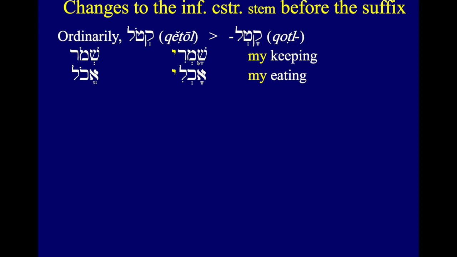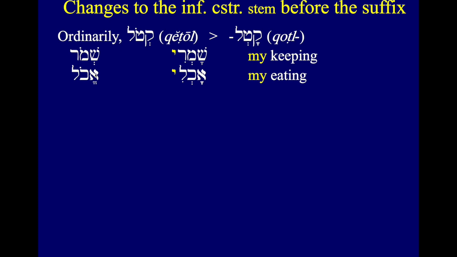And so that's what it is. We got this short vowel. So shomri. Or the verb achal, to eat. Here we have ochl. That should be a schwa, right? But remember, gutturals like aleph don't take simple schwas. They take these complex schwas. So here's our complex schwa.